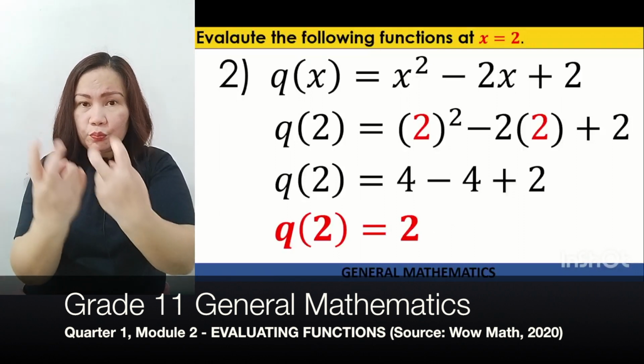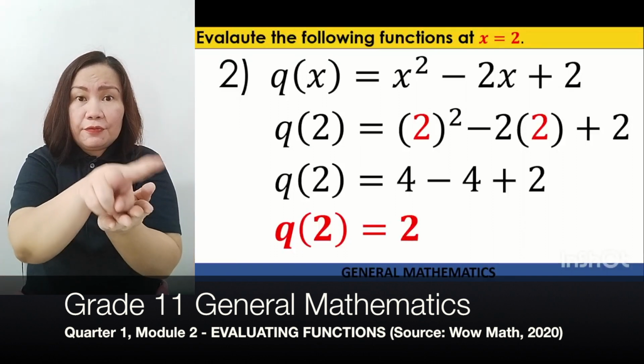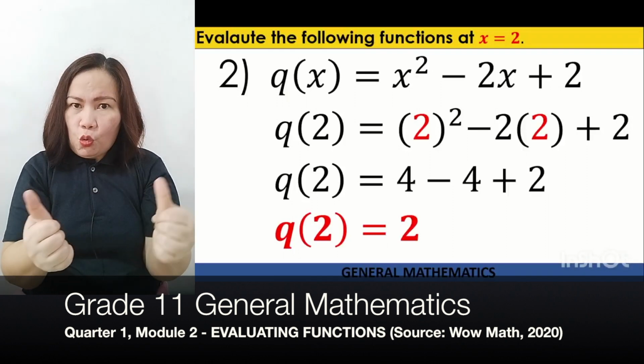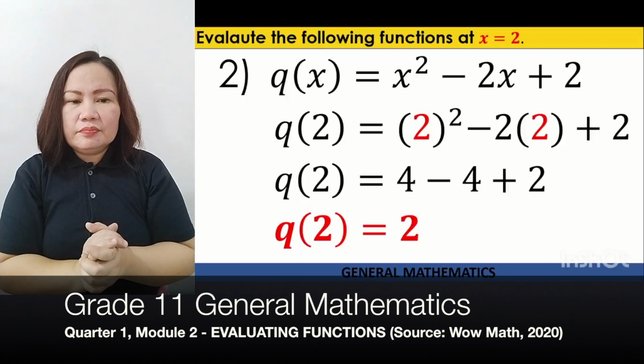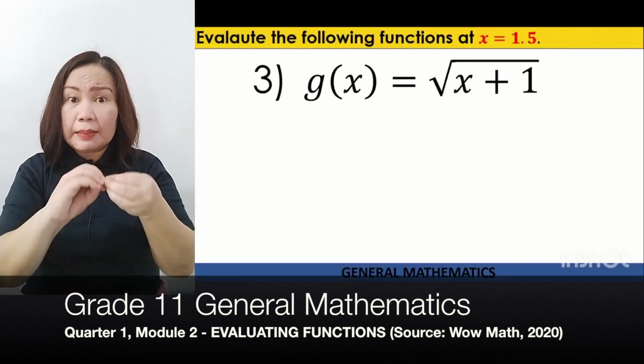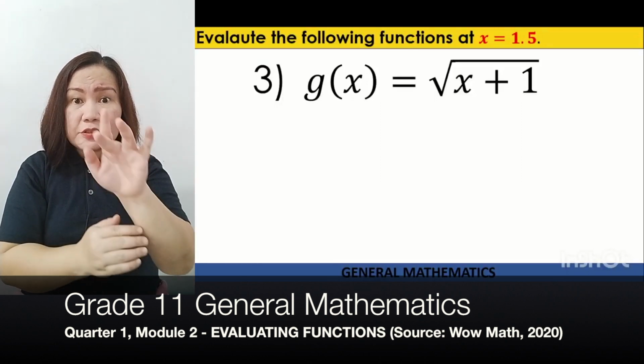Okay? Medyo madali lang, di ba? Papalitan lang natin yung variable and then perform the operation. Ganyan lang mag-evaluate ng function. Another, g of x is equal to the square root of x plus 1.